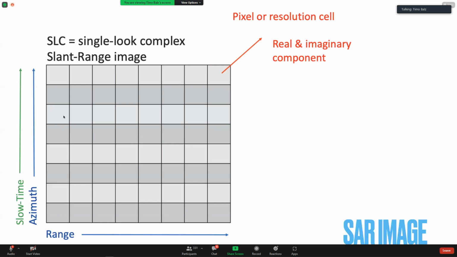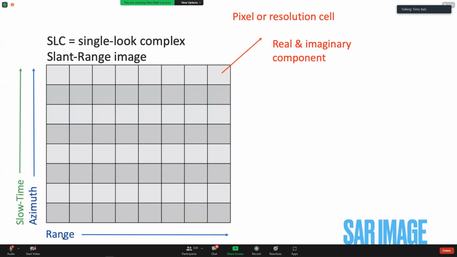However, that is not clearly defined. Images can be different ways, and there are also some providers and software and tools that do it differently. They change azimuth and range. Then azimuth is in X and range is in Y direction. It's not defined. You need to know which one is which.